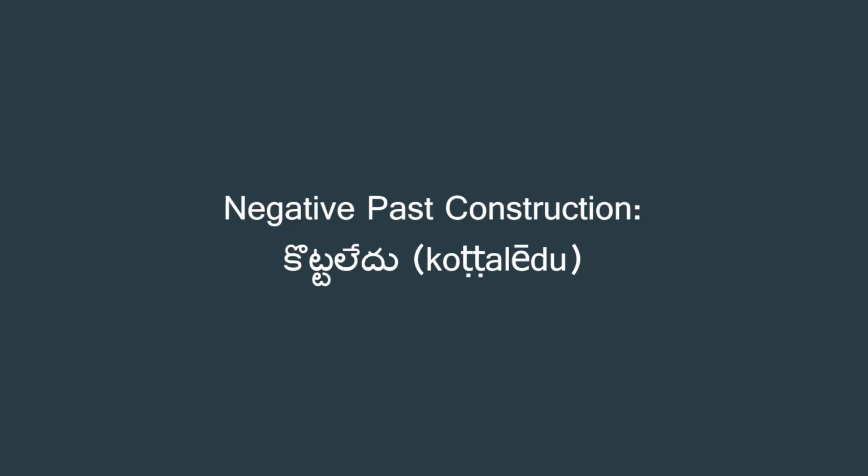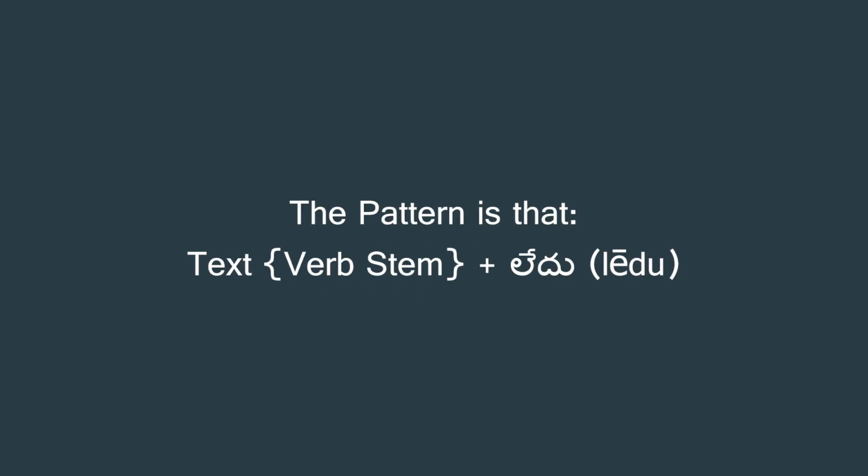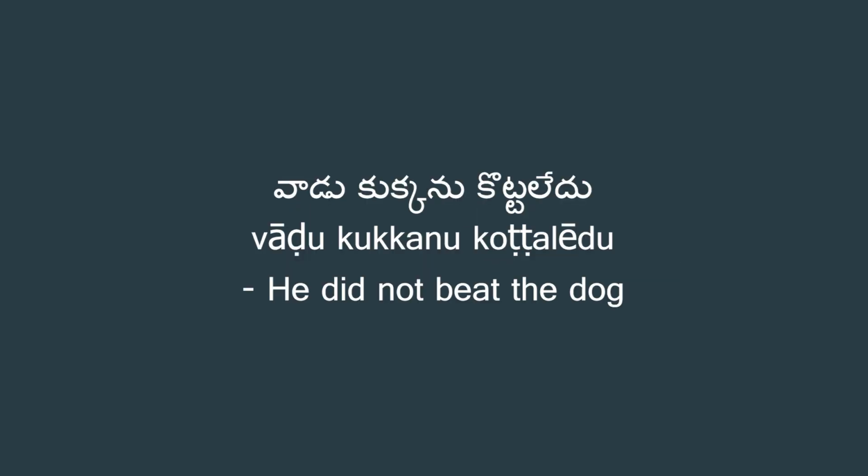Negative past construction kottaledu. This is the negative past form. Structure: kotta is verbal stem, ledu negative element. The pattern is verb stem plus ledu. Thus, vaadu kukkanu kottaledu. He did not beat the dog. Important linguistic observation.